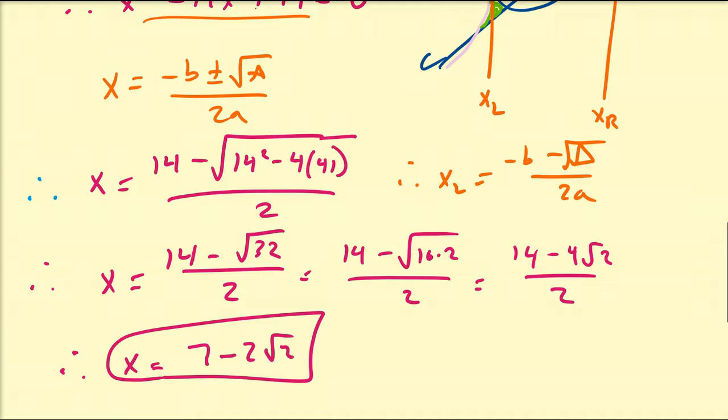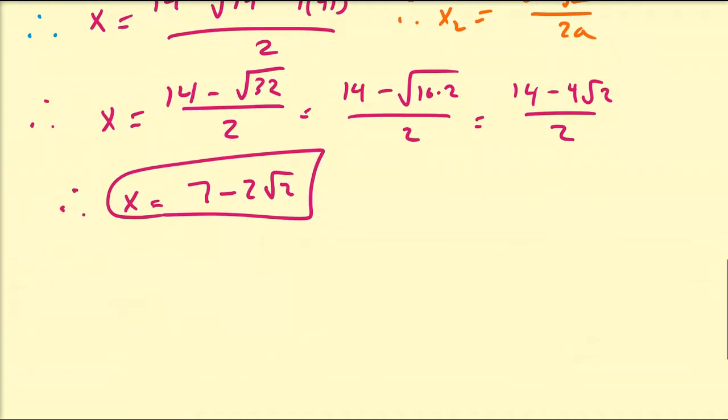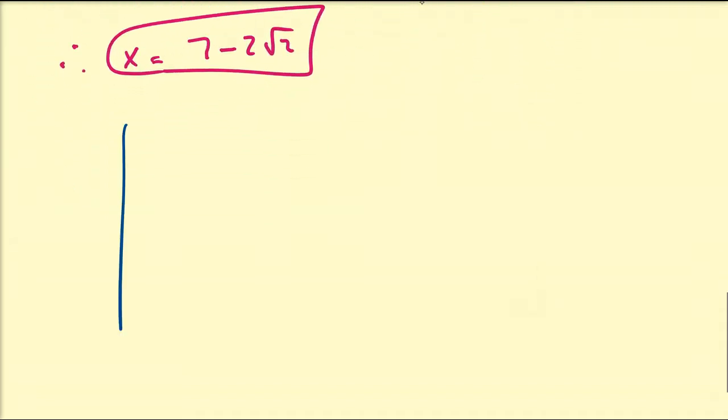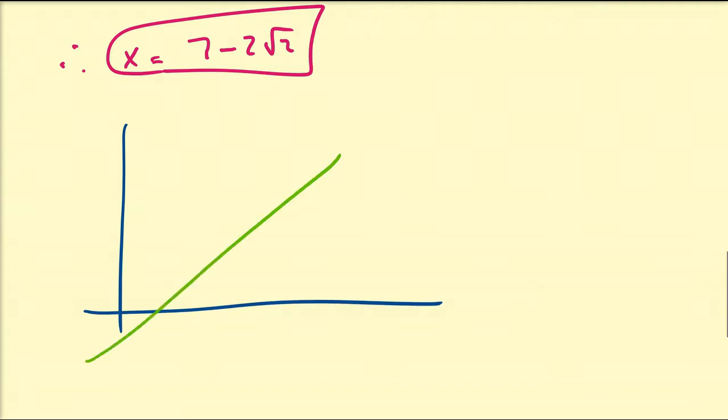Alright, so those are our 3 points. Let's see if we can re-sketch this with this information present to us. Alright, so let's redraw our curves. One curve, two curve, three curve. And there's our area of interest.